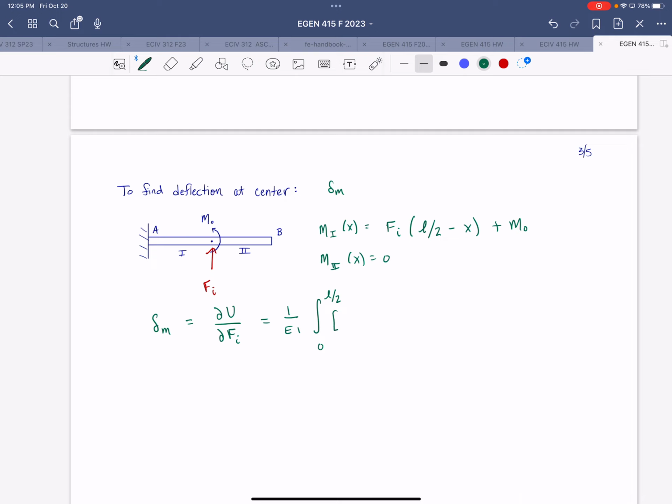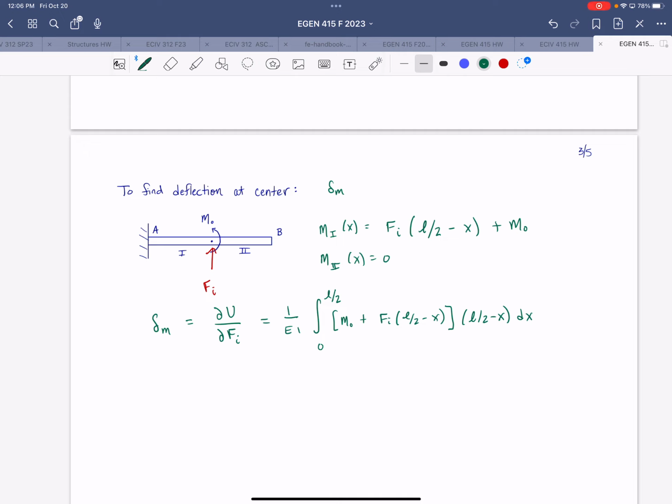And then plugging in our expression for M1, we have M naught plus Fi times L over 2 minus x. And then we'll multiply that by the partial derivative of the moment expression with respect to Fi, and that is L over 2 minus x.